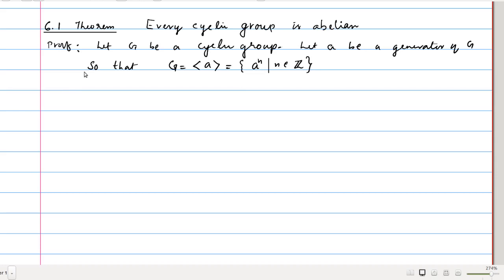So we have to prove that G is abelian. Abelian means commutative. That means we need to prove that A star B, that is AB, is the same as BA.